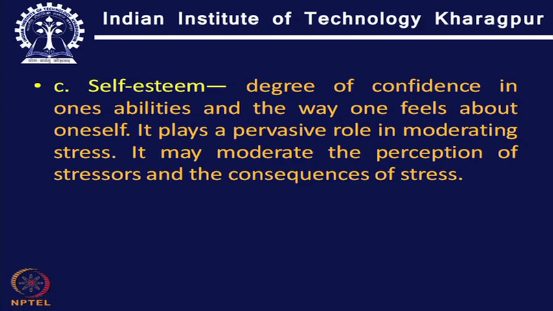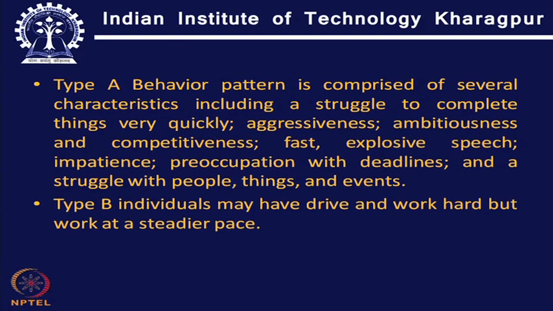Your feeling of self-esteem may moderate the perception of the stressors and the consequences of your stress. Some people have a type A behavior pattern, as we have already discussed earlier. It is a struggle to complete things very quickly. They are always under time pressure, aggressive, ambitious in nature, competitive, and very much preoccupied with deadlines, so they are more prone to stress.